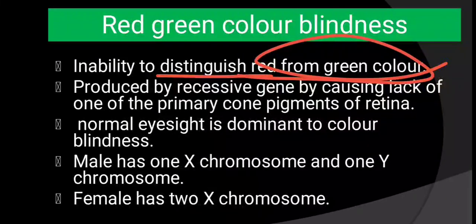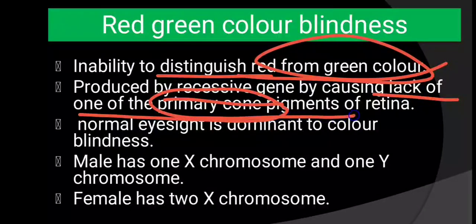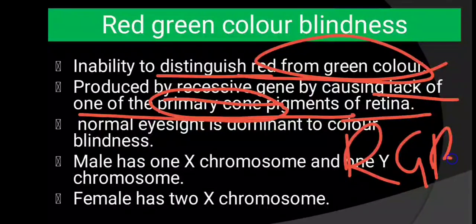It is produced by a recessive gene causing a lack of one of the primary cone pigments of the retina. You know about primary cone pigments. There are three: red, green and blue. In this disease, one pigment is missing.